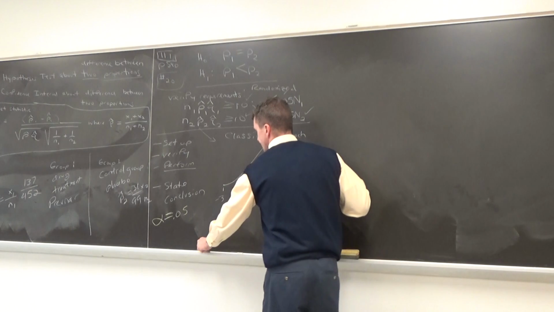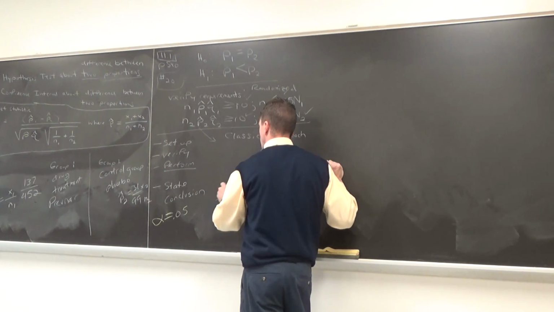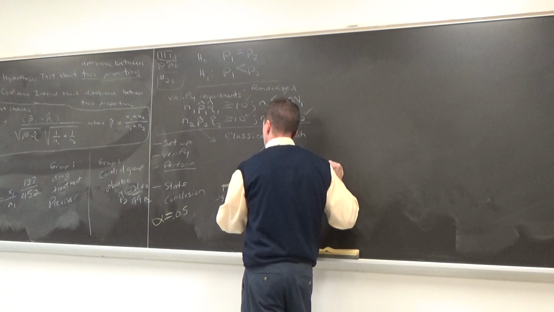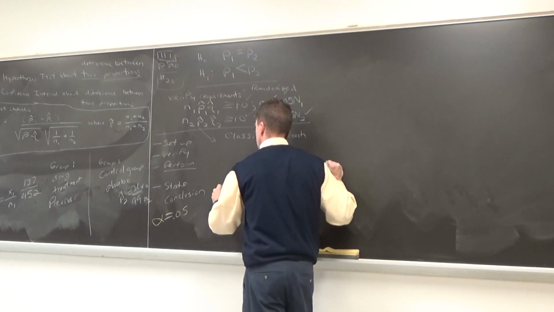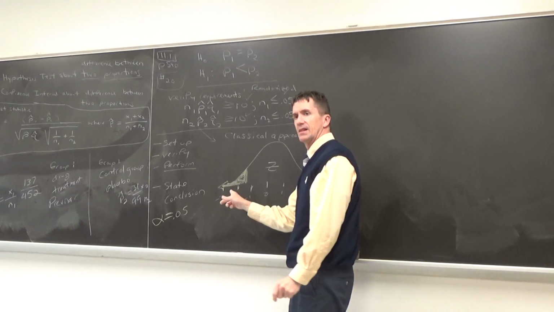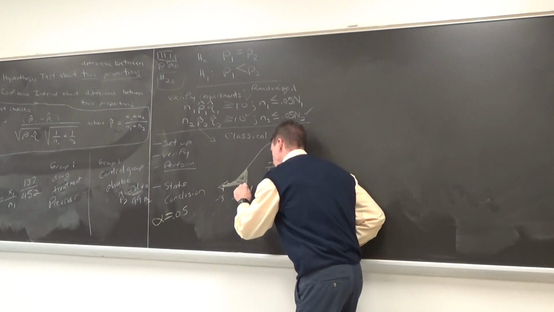Now I'm going to shade 5% for the left side. I'm not drawing a scale, and it's not a perfect bell, but it is a left-tailed test, so I have it shaded on the left.